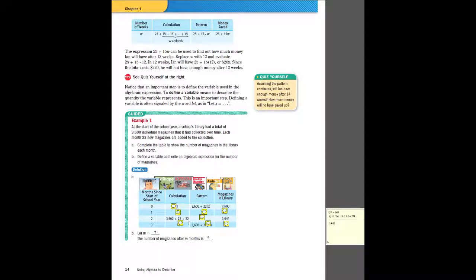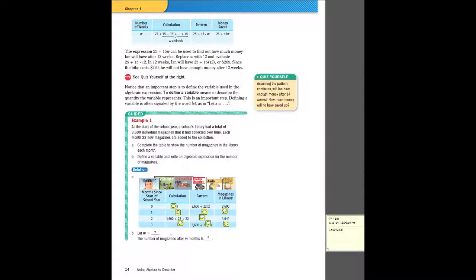So what's the pattern in the second year? We've done the calculation, so what's the pattern going to look like? Up here it was 3,600 plus 22 times 1, and now down here it's going to be 3,600 plus 22 times 2, which gives us 3,644. Now the last line is kind of open. It wants to know what the calculation is.